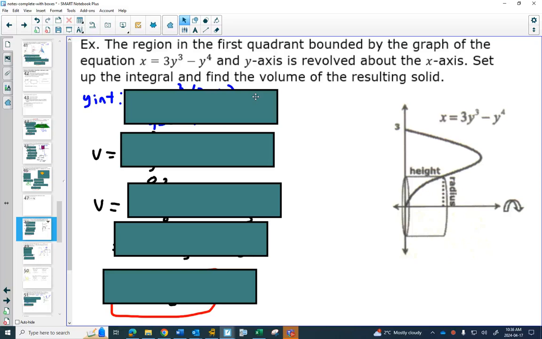So first of all, we're given the picture there, which is helpful, but if this question was just written as the region in the first quadrant bounded by the graph of the equation x equals 3y cubed minus y to the 4, and the y-axis is revolved about the x-axis, set up the integral and find the volume of the resulting solid, well, you could set x equal to 0 to find your y-intercepts, and you would get y equals 0 and y equals 3.